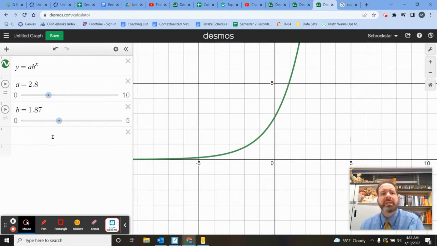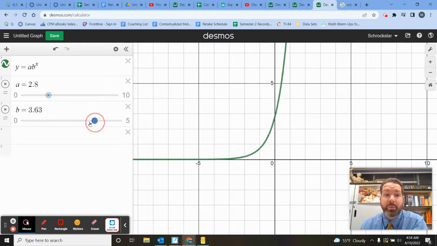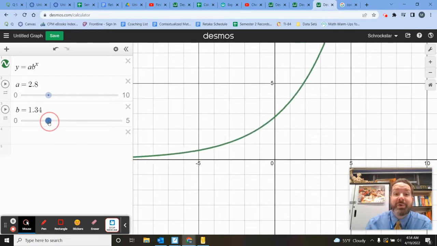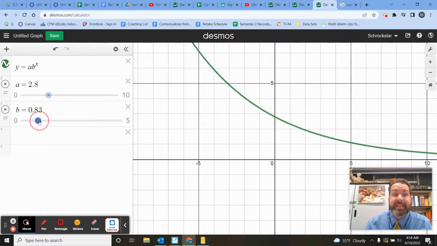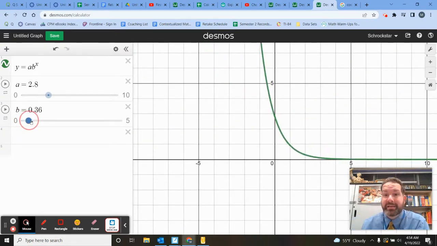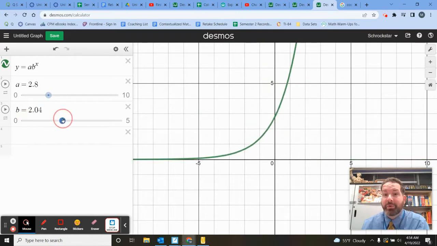Okay. So first off, I do want you to make sure you noticed that when your B is any number bigger than 1, you've got that exponential growth graph happening. But if you make your b small enough, meaning less than 1, now you've got that exponential decay happening. So b determines whether you have decay or growth.